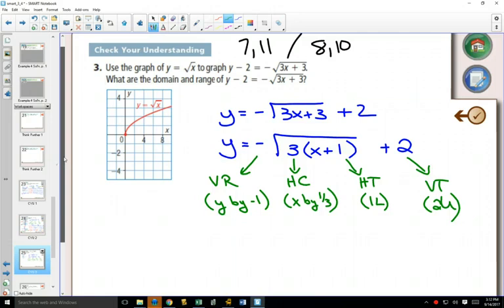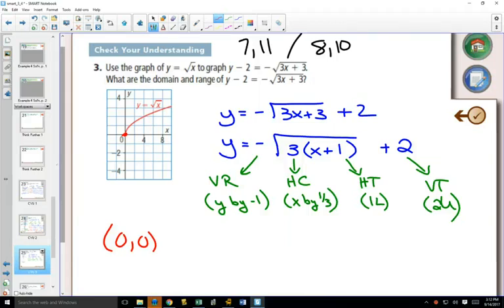So now that we've written them all out, we're going to take our points and look at which points would be nice to use as far as labeling them. With a square root graph, you always start with 0, 0, because that's your very starting point. So that one is a key important point.